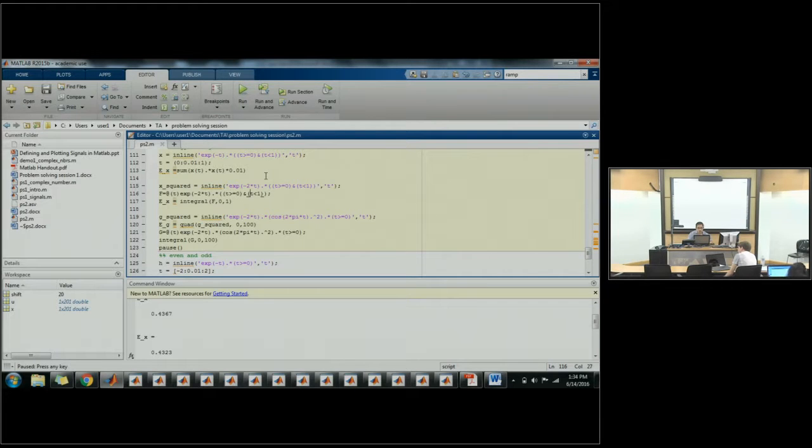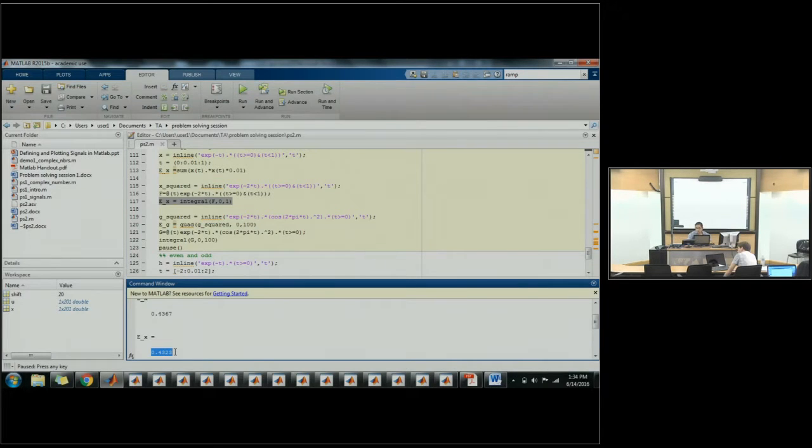So integral is another command that you can use in place of quad, and @t with an expression is another way to define functions. So what you're doing is @t is over here the variable, and then you just give the function expression. Now, if we see from this result, we are getting the correct result of 0.4323, which is expected.